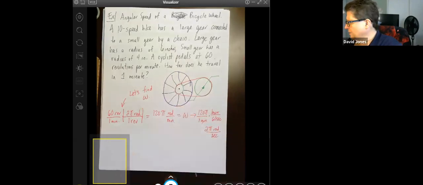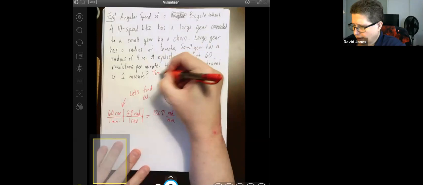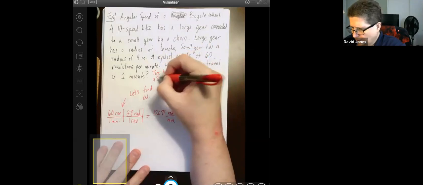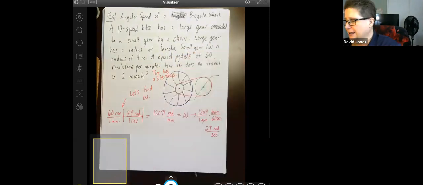I don't think I gave you a radius of the tire. We'll get to that. We need the radius of the tire to tell you how far the bike went. Let's say the tire has a 2 foot radius. We're going to need to know the tire that's attached to the little gear.